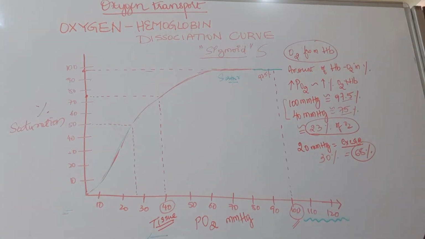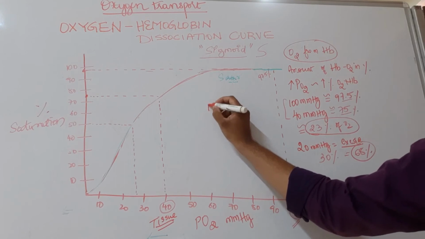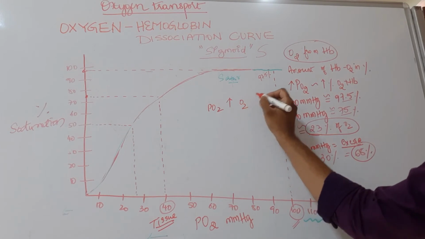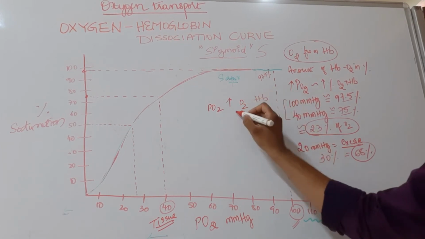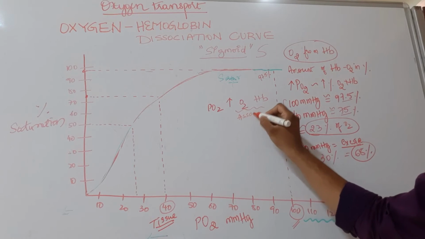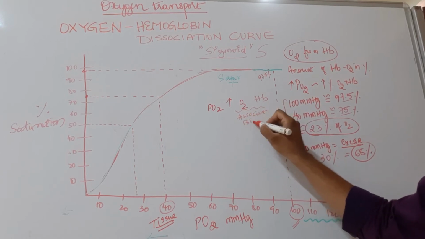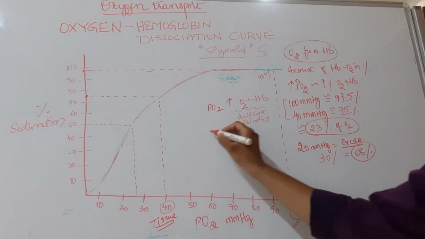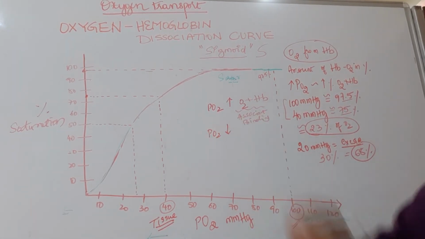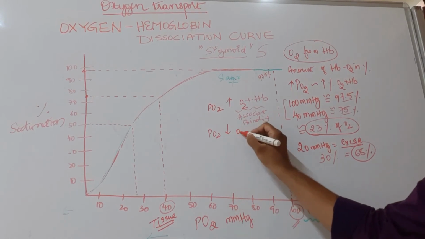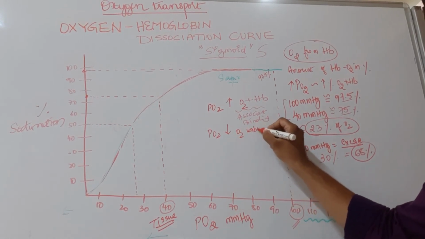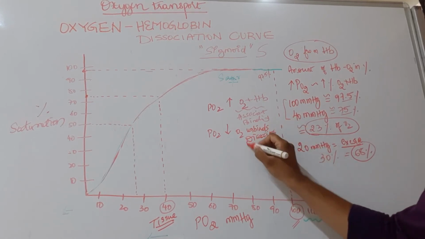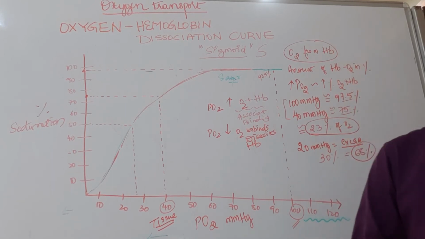You can simply put it as: when the partial pressure of the oxygen is high, oxygen binds with hemoglobin, that is, we have association. As the partial pressure of oxygen decreases, the oxygen unbinds or dissociates from the hemoglobin molecule.